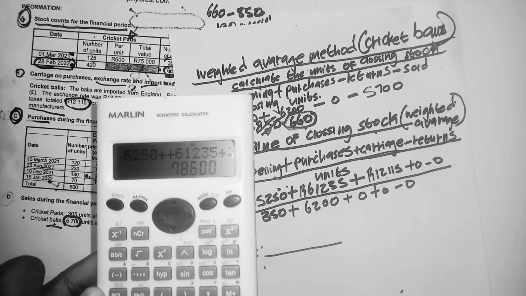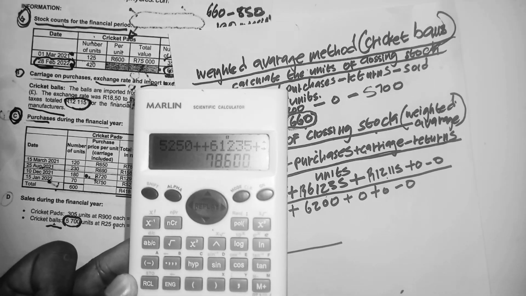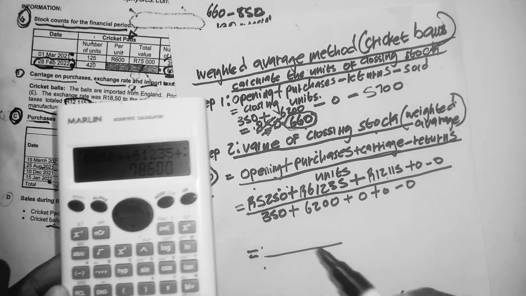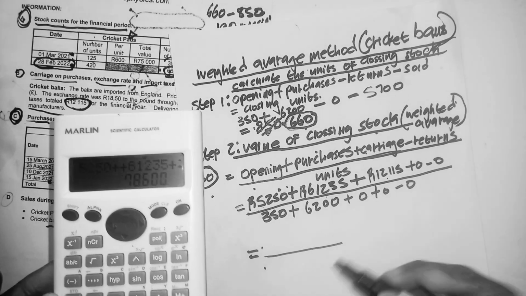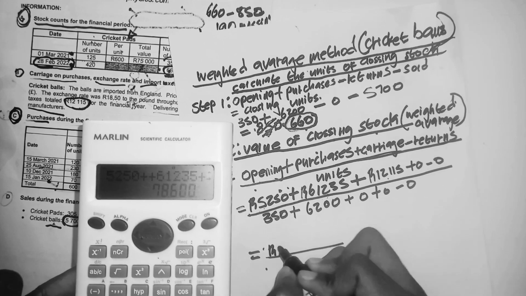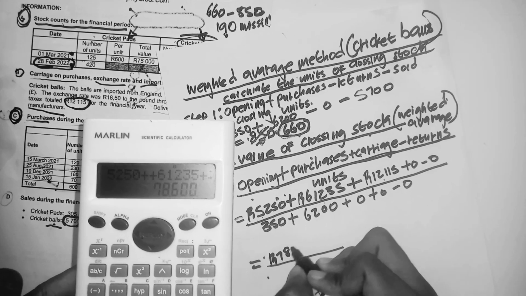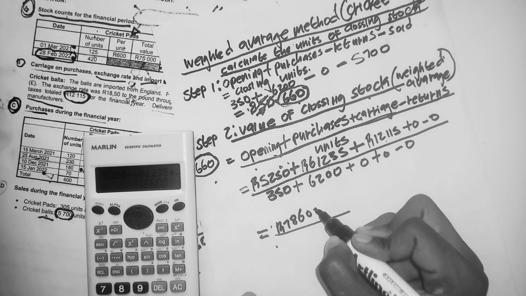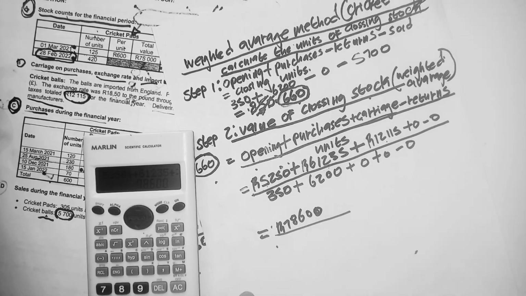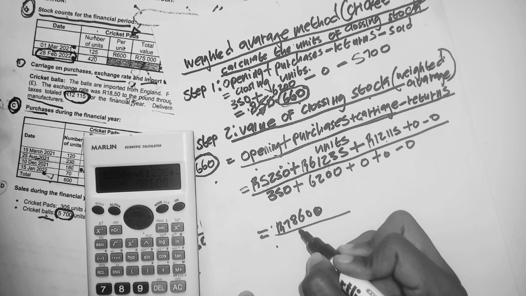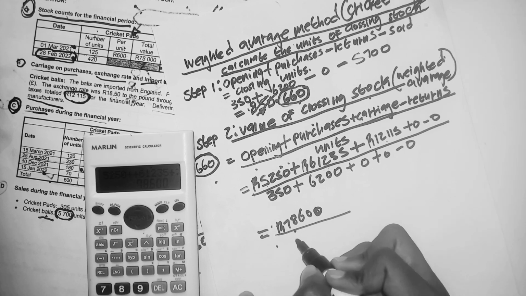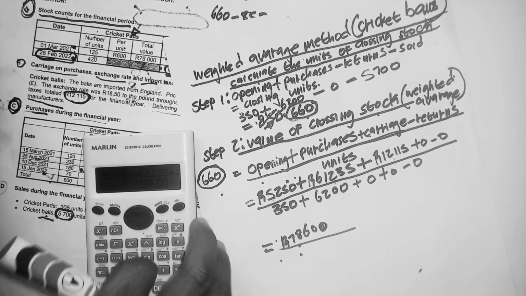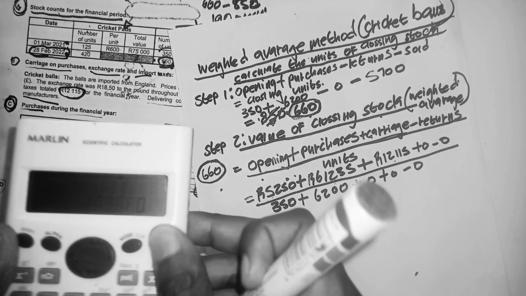Then it's equals to, we get an amount of 78,600, which means the values at the top are equal to 78,600. Divide by the values at the bottom, or the number of units at the bottom.